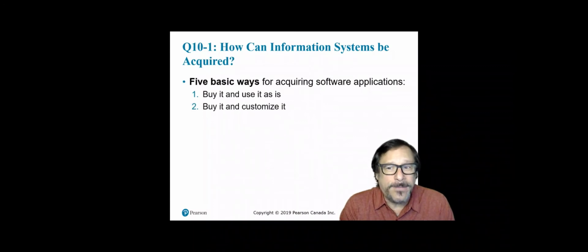Another way is to buy it and customize it. What this means is that you buy an existing product. This is software that already exists, but then you ask if it can be changed in certain ways to make it specific to your organization. This is actually the most common way of a company getting software.